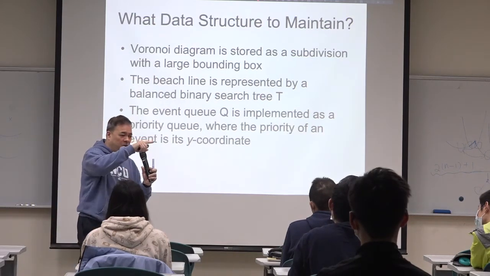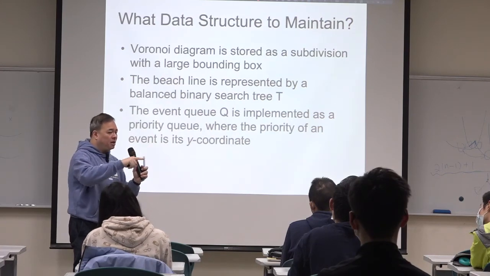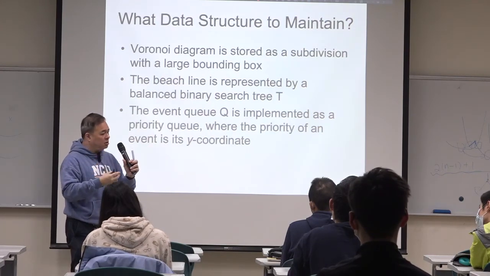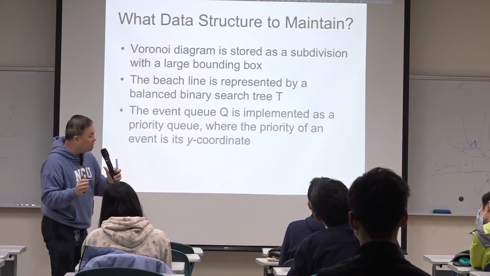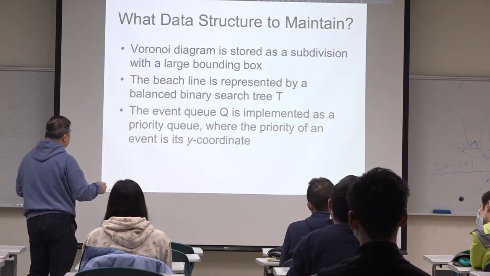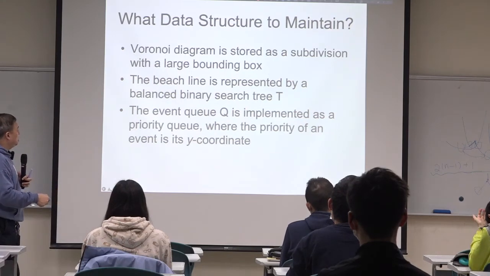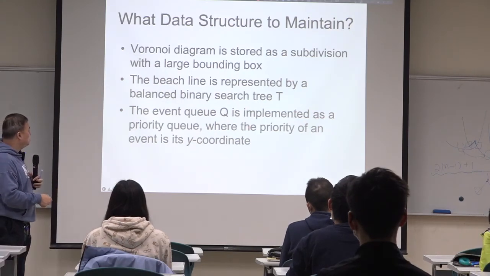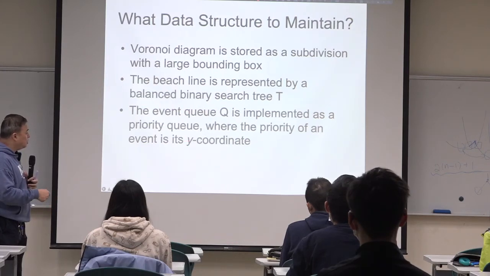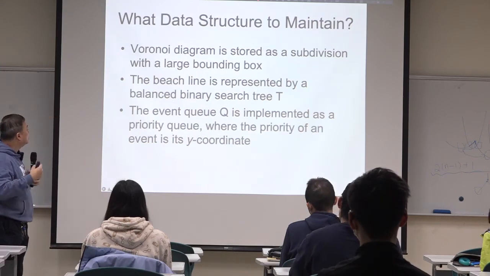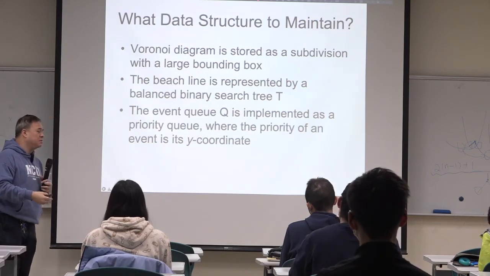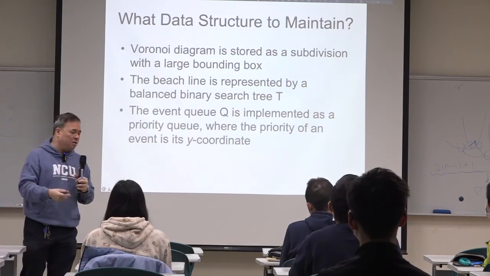For example, for a given parabola, it takes log n time to search for the neighboring parabola. We also have an event queue which stores the events, and we deal with the events according to their y coordinate from largest to lowest. There are two types of events: site events and circle events.